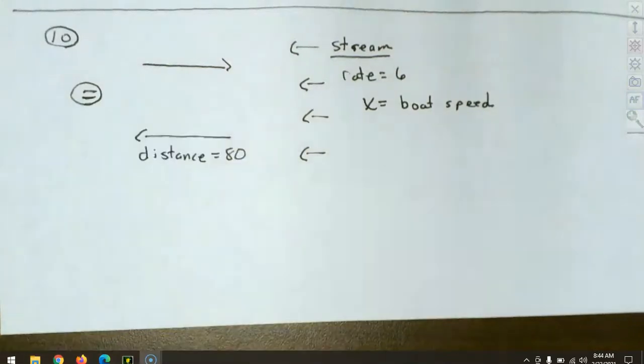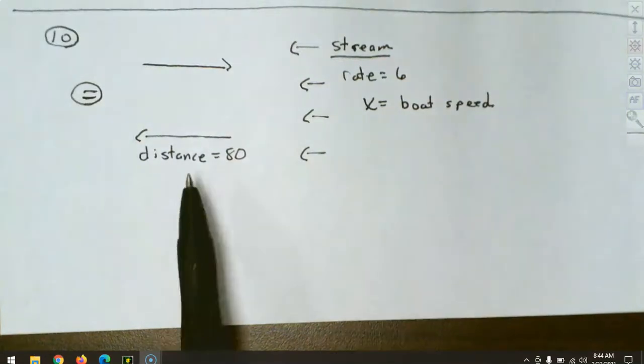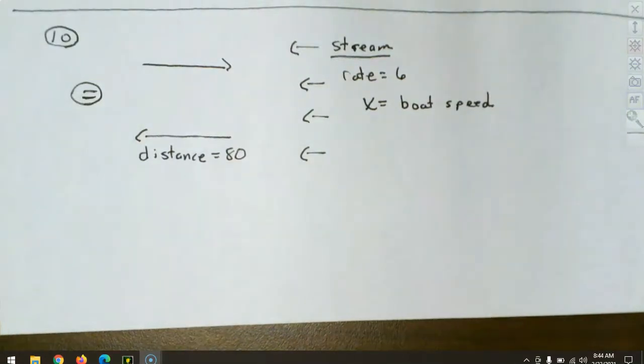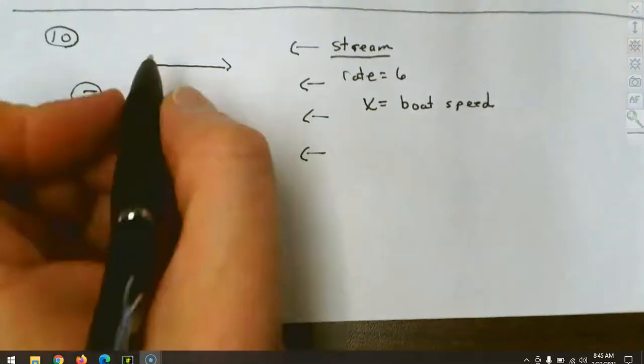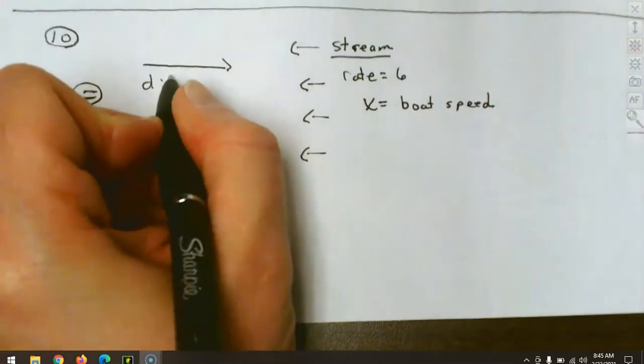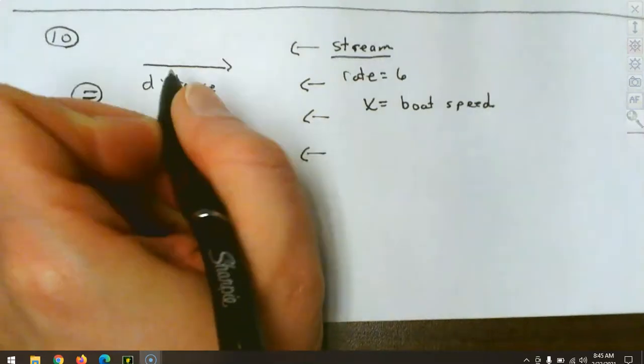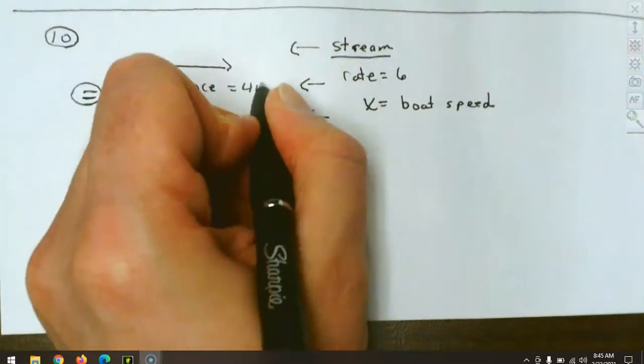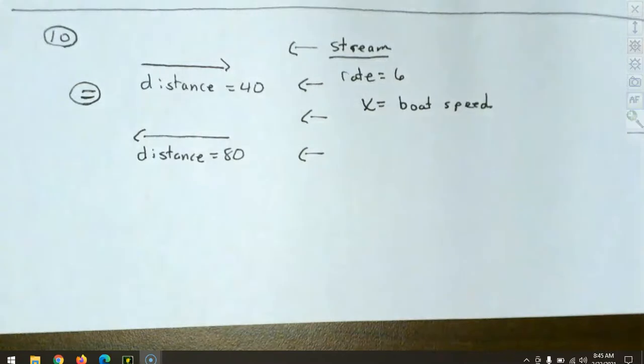Because that water is making it go faster. It's going in the same direction as our distance. In the same time, that's very important here, that it takes to travel 40 miles upstream. So my distance upstream is going to be 40.